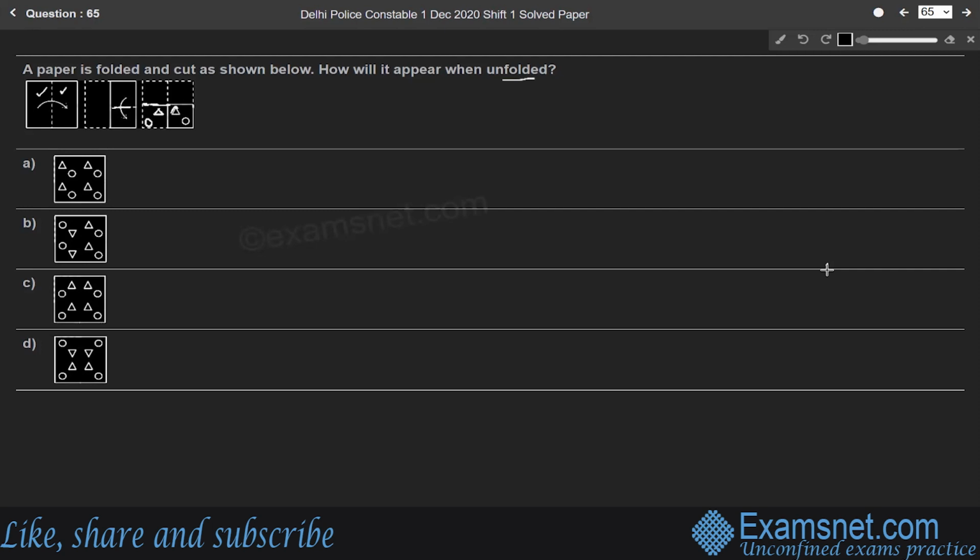So then when it is unfolded once again, we will get the mirror images of the triangle and the circular portions. So those mirror images are inverted. So inverted triangles are opposite to each other here, and circular portions are diagonally opposite to the inverted triangles like this, right? So option D is the right answer.